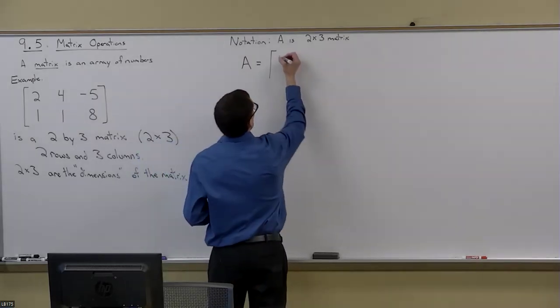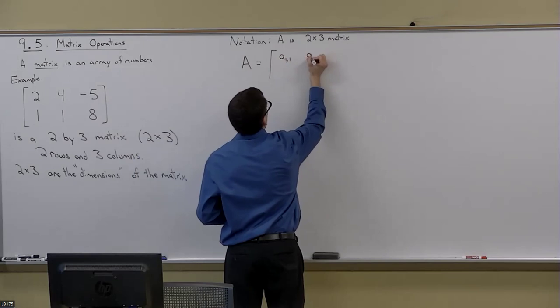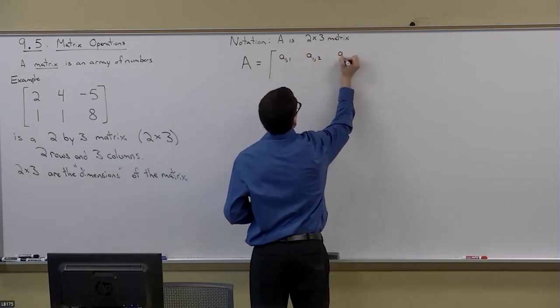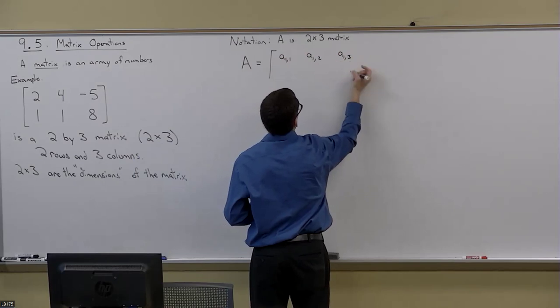So let's say we have a 2x3 matrix. Well, we're going to label that with entries A11, A12, A13.